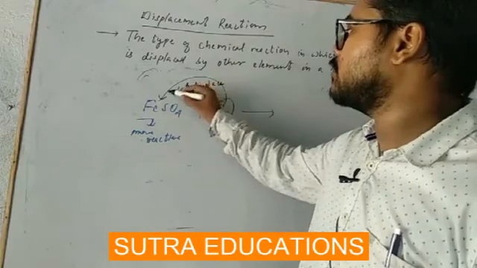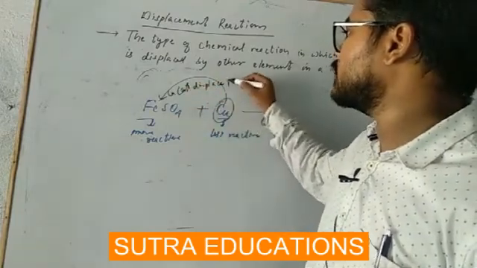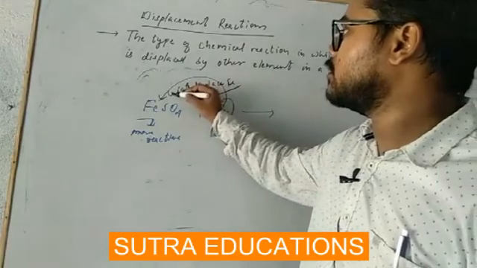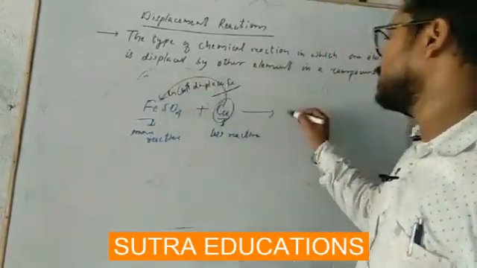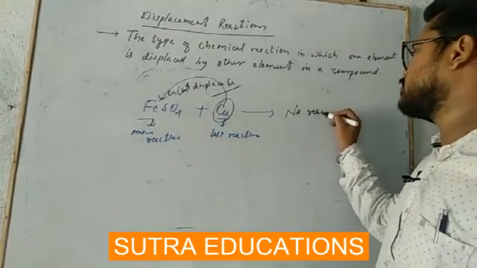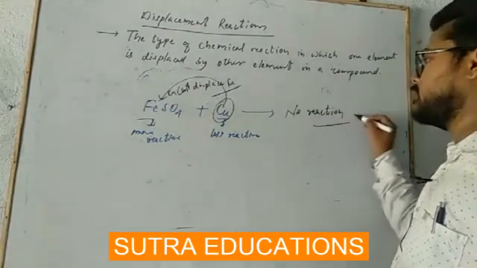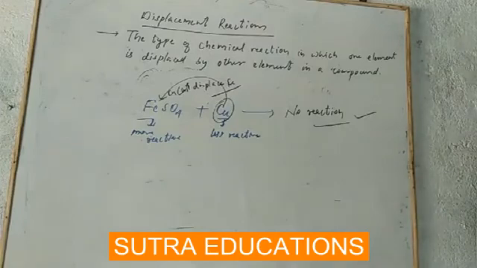Copper can't displace iron. So we will say no reaction will take place. Got it? Okay, very simple concept.